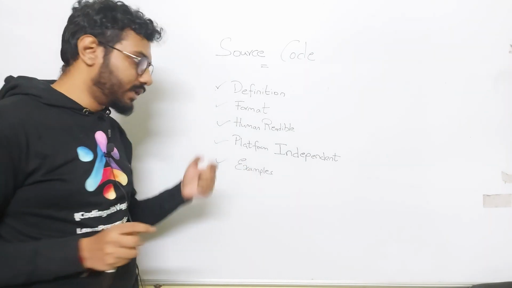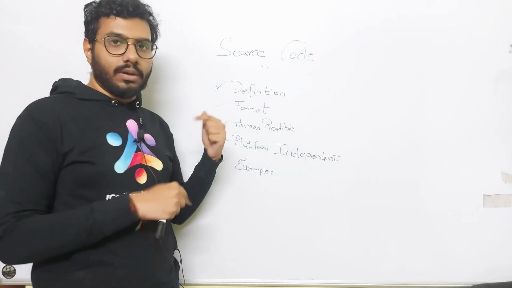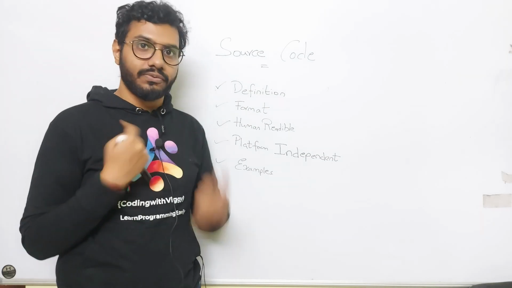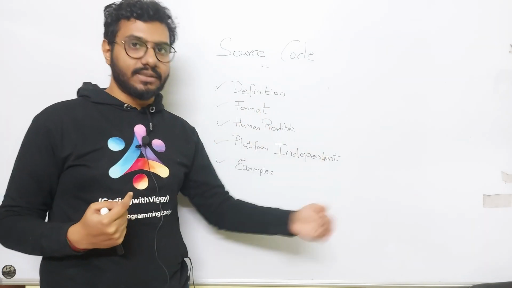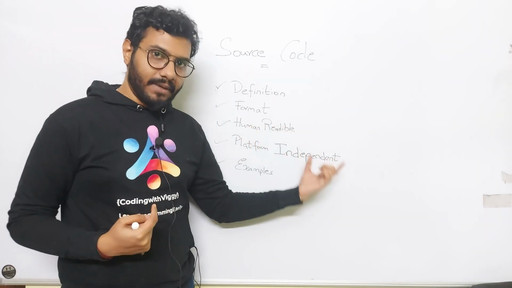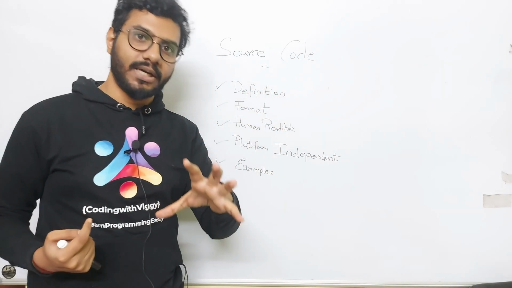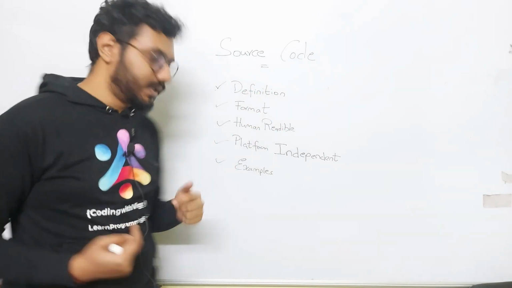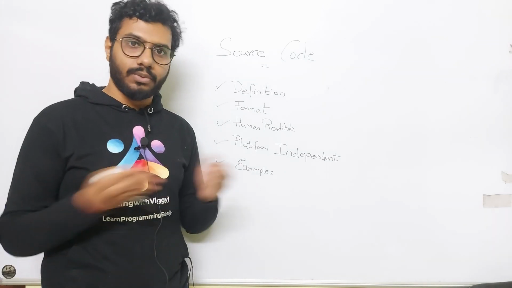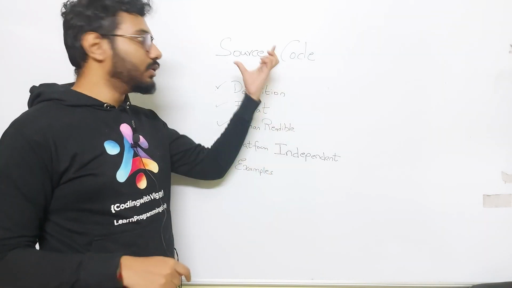Java is write once, run everywhere. How Java is platform independent and the significance of JVM, we will talk about in the coming sessions. Source code is not dependent on the CPU or the operating system. Examples: Java, Python, C++, all the programming languages we know.